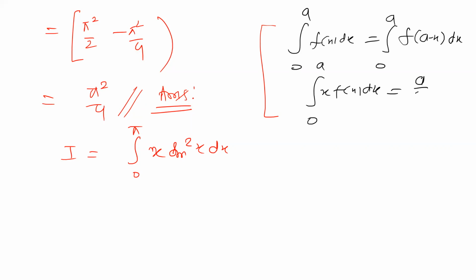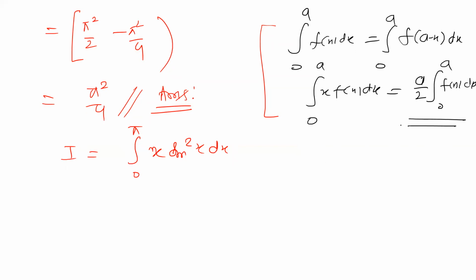Otherwise, a by 2 integral of fx dx from 0 to a. Okay. So here, otherwise do one thing. We apply the same property here, and we will find out whether it is correct or not correct. Let us see.